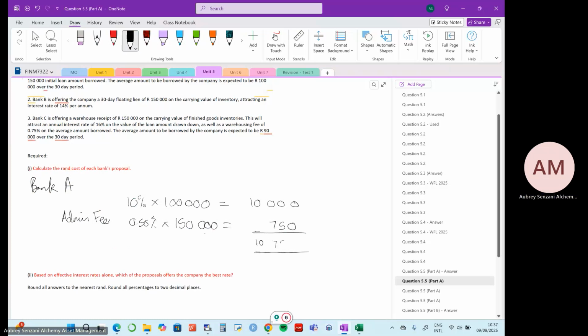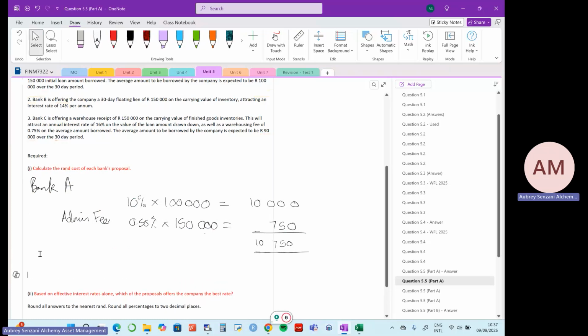Are we done? Yes, we are done, because they want the rand, isn't the rand cost?